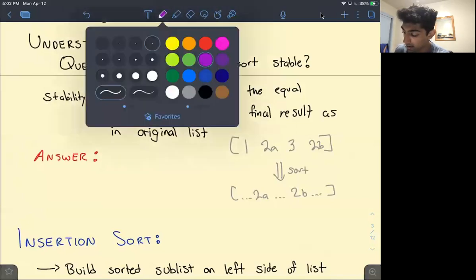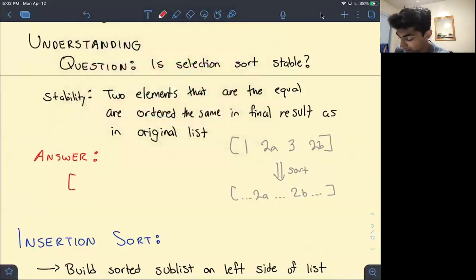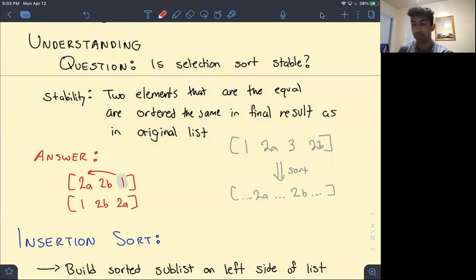Suppose that we have the array 2a, 2b, and 1, okay? When I move 1 to the front, I'm swapping it with 2a. Accordingly, what happens is that our array will look like this, right? And now what we can see is that 2a and 2b have swapped their relative ordering, okay?